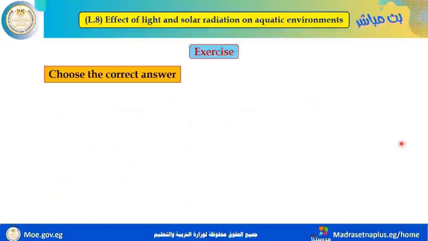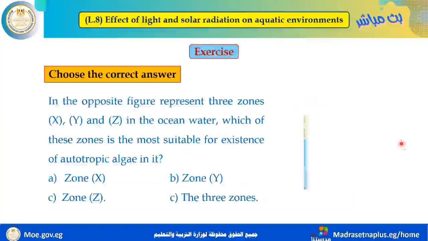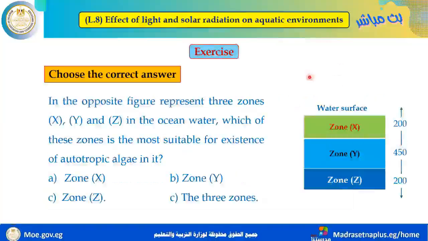Okay, let's go for another question. In the opposite figure represent three zones, X, Y, and Z, in the ocean water. Which of these zones is the most suitable for existence of autotrophic algae in it? Don't forget, autotrophic algae means the algae make the photosynthesis process, and we need sunlight for photosynthesis.